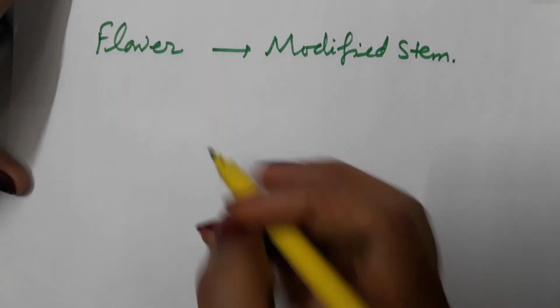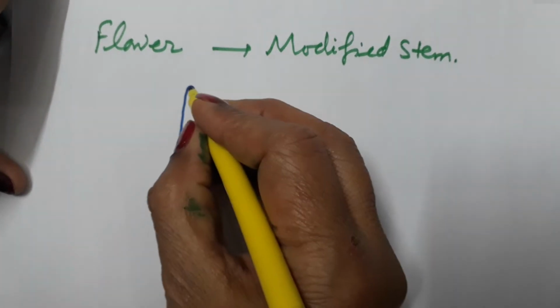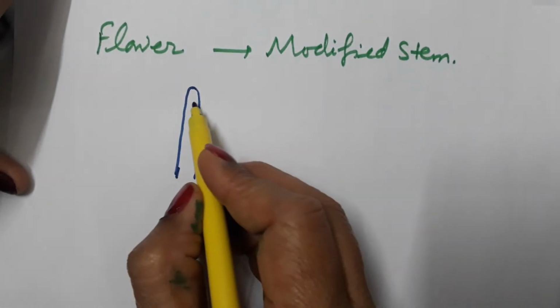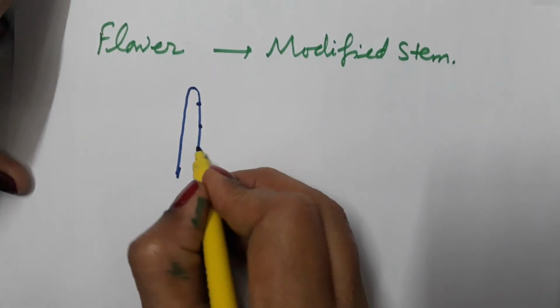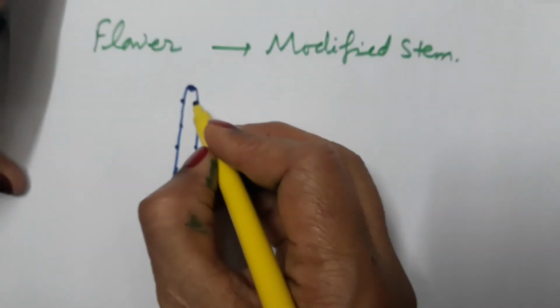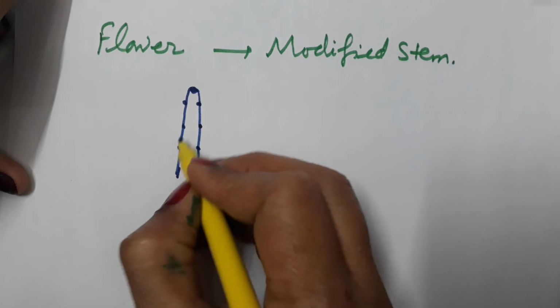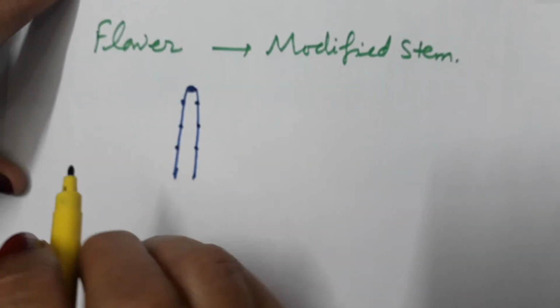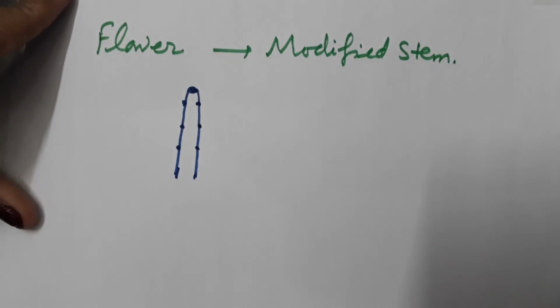We know the structure of stem. What is present in the stem? Nodes and internodes are there. And this is the apical end. Above the nodes, meristematic tissue is there, which has the power of division, and at the apex also, apical meristem is there.